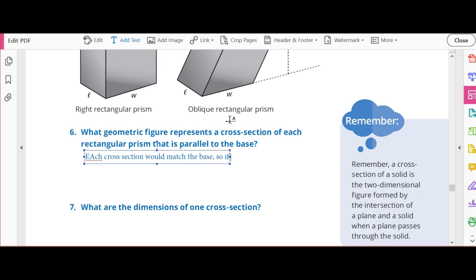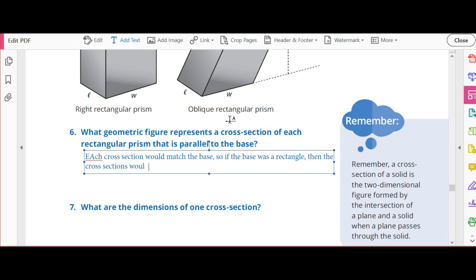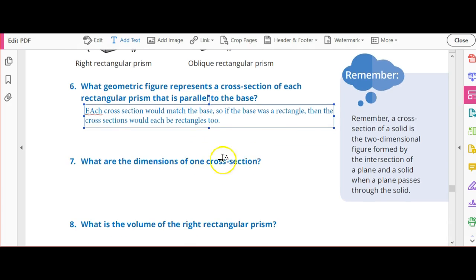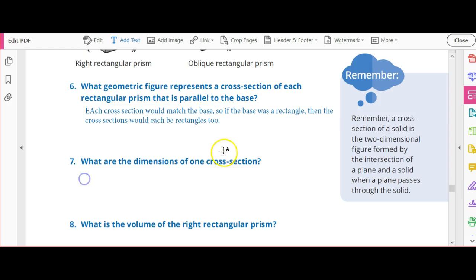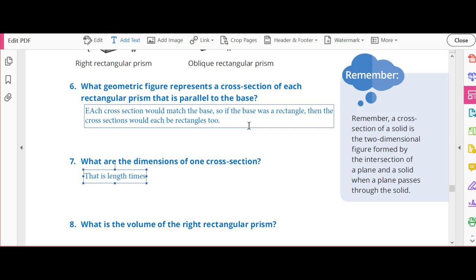So if the base was a rectangle, then the cross sections would each be rectangles too. What are the dimensions of one cross section? Well, that's length times width.